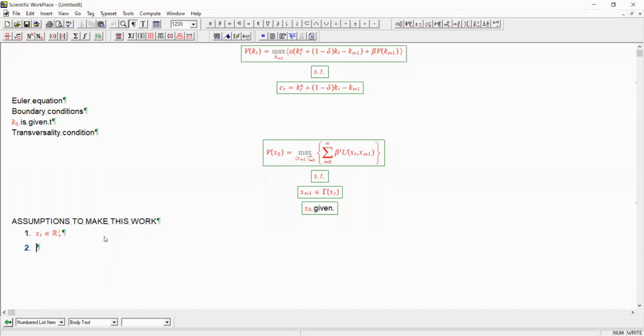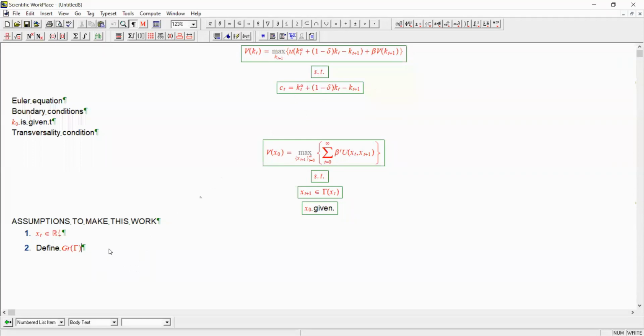The second assumption requires us to define a new object. Define the following: the graph of gamma. Remember, gamma is this set from which you must choose your future x, and it could depend on your current x. So the set from which you can choose your future capital depends on your current capital through this production function.